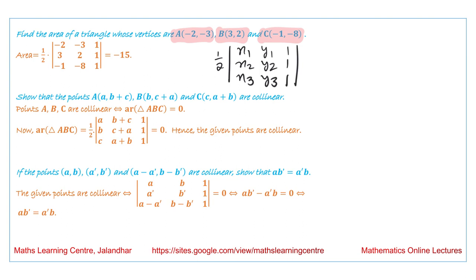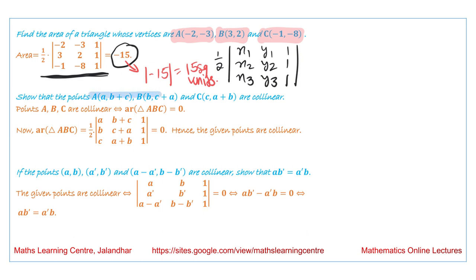Now in place of x1 y1 x2 y2 x3 y3 we substitute these values, and we obtain the answer is equal to -15. So the area of this triangle will be equal to mod of -15, that is equal to 15 square units.